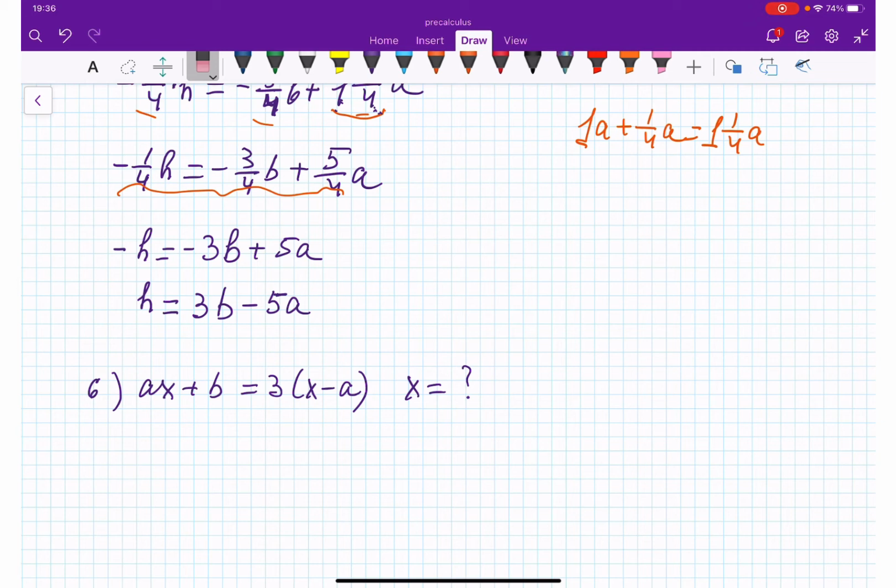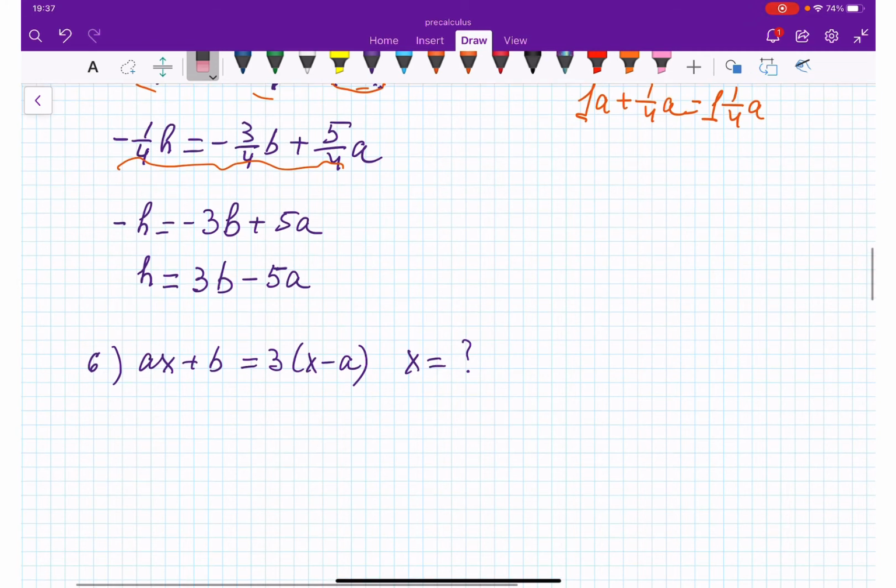So first of all, I have 3 times X minus A. I'm going to get rid of 3, which means since here is multiplication, I'm going to divide by 3, right? So it's going to be ax plus b is equal 3 times x minus a. So we are going to divide by 3, right?